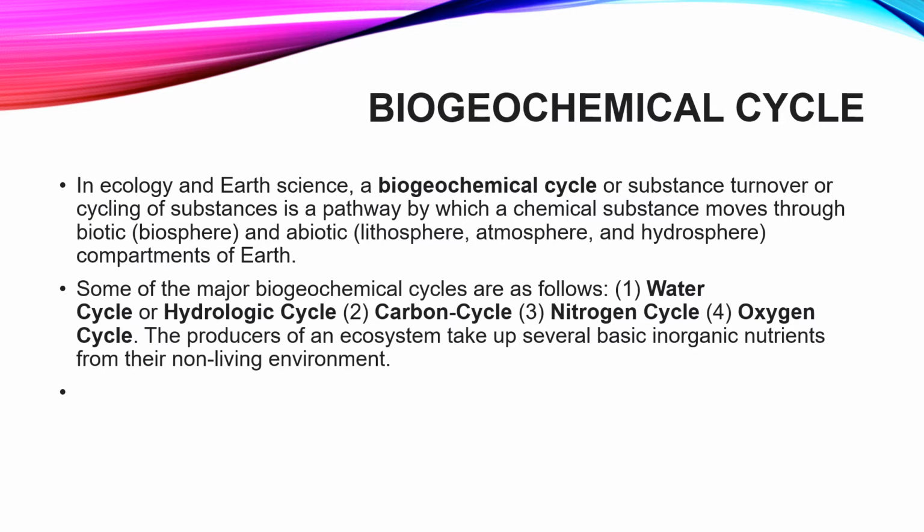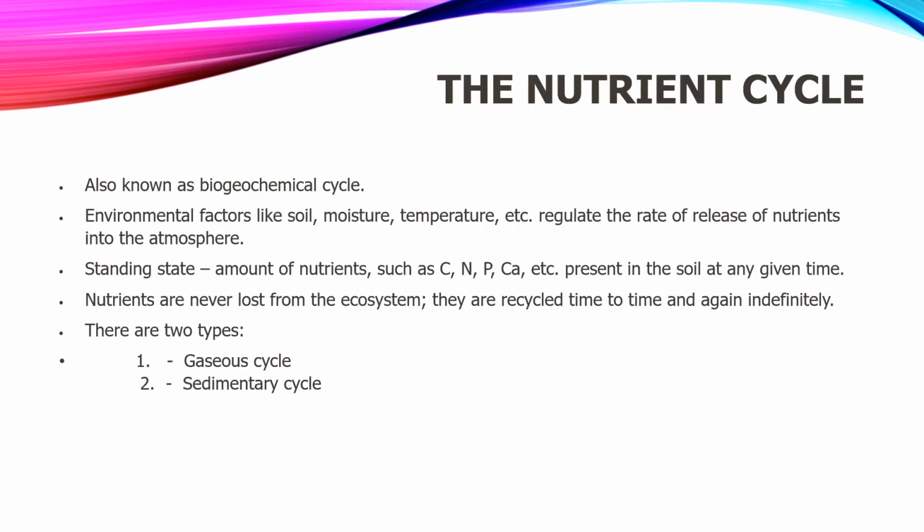Like when we talk of carbon cycle, at the same time we link with the oxygen cycle as well. The producers of an ecosystem take up several basic inorganic nutrients from their non-living environment, because that is acting as a reservoir. This is the nutrient cycle, or the biogeochemical cycle.